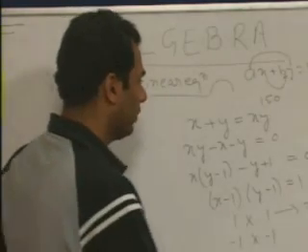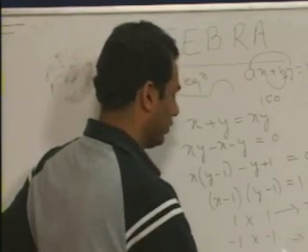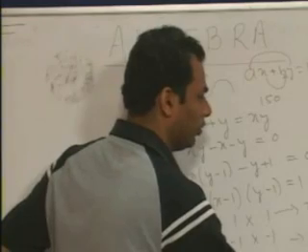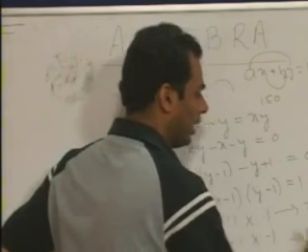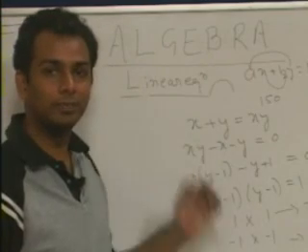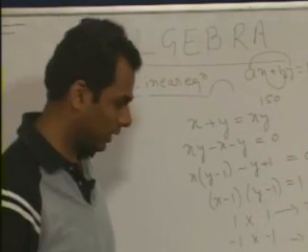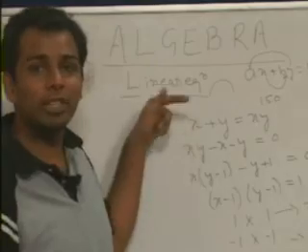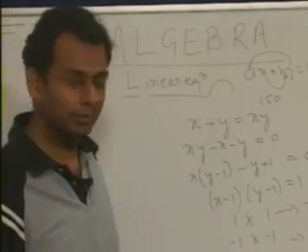And from the other, I get x equal to 0 and y equal to 0. So there are only two integral values which will satisfy this equation. So it is again the application of the number system in algebra.